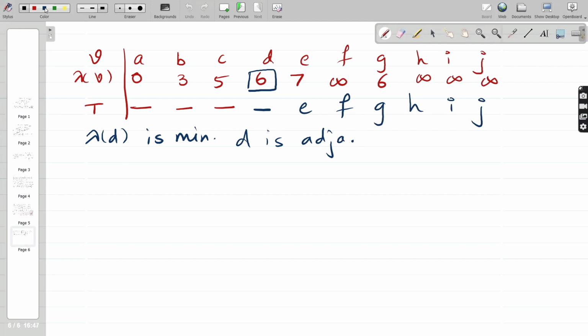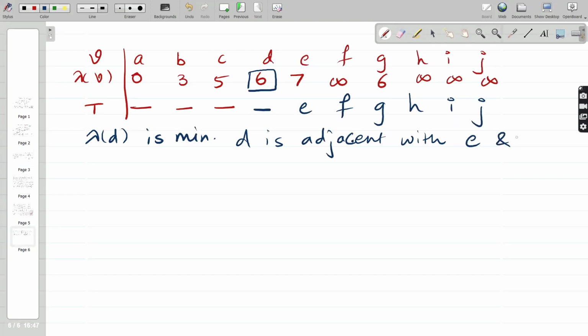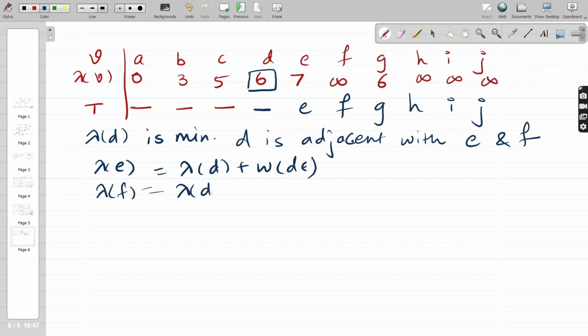Now lambda D is minimum, and D is adjacent with which vertices among T? From the vertices which are left in T, we have to choose. So A, B, C we will not consider, D itself we will not consider. D is adjacent with E and F only. So we will calculate lambda E as lambda D plus weight of DE, and lambda F as lambda D plus weight of DF.